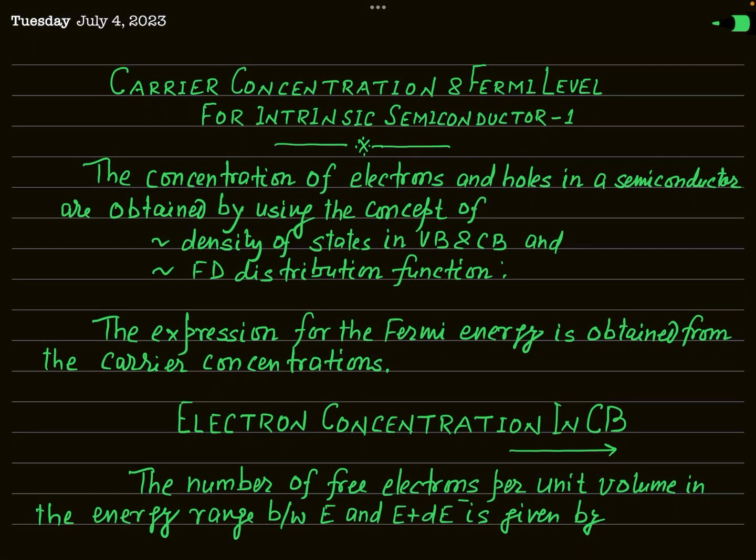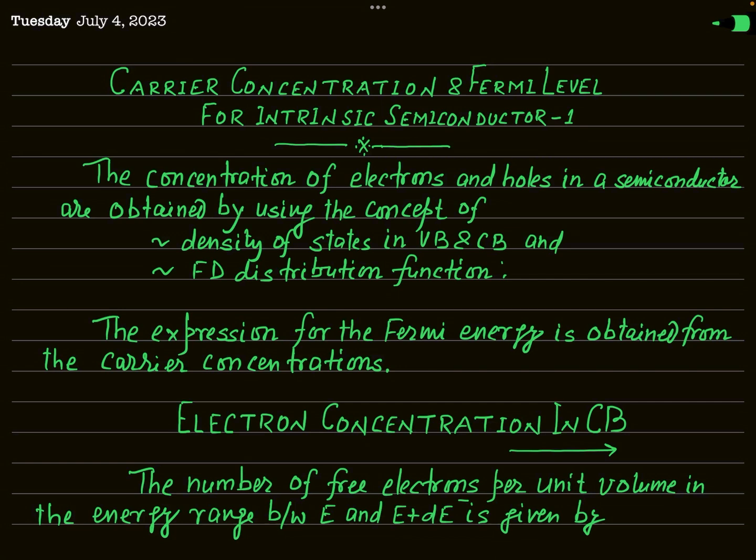Till now in semiconductor physics, we have discussed the basic concept of intrinsic semiconductor and extrinsic semiconductor. Now today we are going to see the most important concept of this semiconductor physics. Actually, now we will learn about the calculation of carrier concentration and Fermi level in semiconductors.